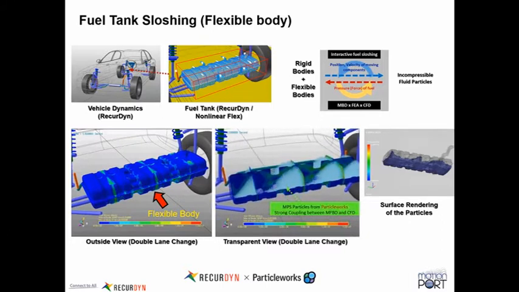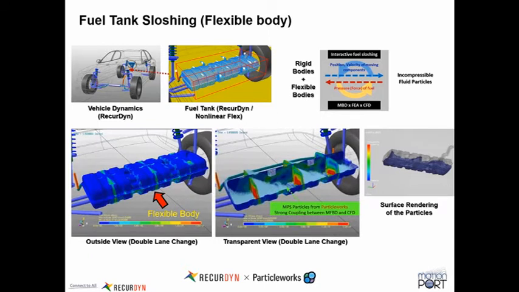Yeah. So basically, what we're doing is a true co-simulation. The vehicle is actually going down the test track, and it's doing some steering maneuvers. The acceleration seen at the tank is not an input, it's actually the result of the steering motions. So the steering motion is the input.